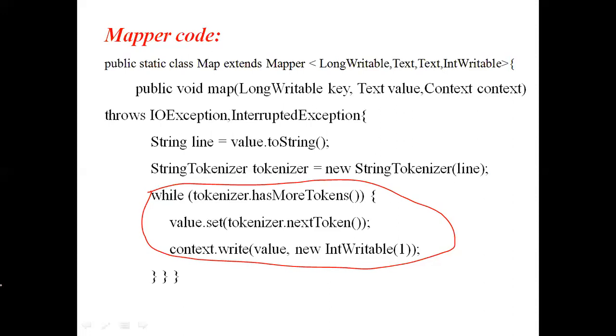First Deer will be returned. Clear? Tokenizer dot hasMoreTokens, and by using tokenizer dot nextToken, first Deer will be returned. It will be attached to value. The value will contain Deer.